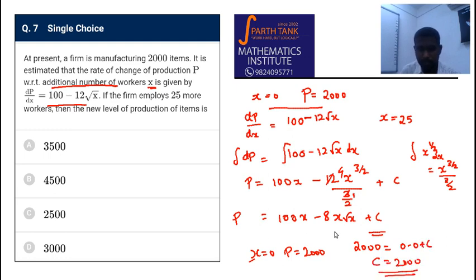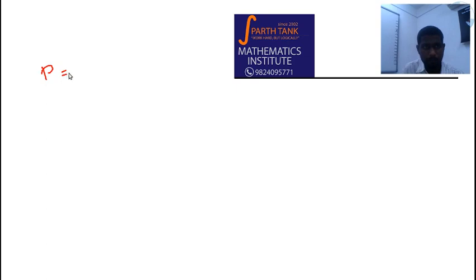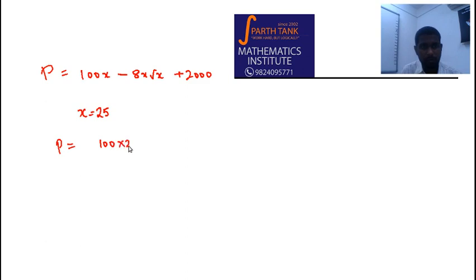Now that gives us p. All you have to do is substitute x is equal to 25 in that and solve for it. So p is 100x minus 8x root x plus 2000. When x is 25, 25 additional workers come, p becomes 100 into 25 minus 8 into 25 into root 25 plus 2000.